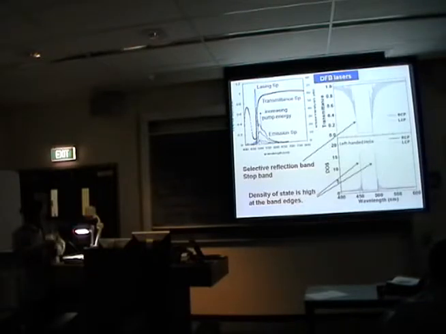There is no reflection. This is transmittance, sorry. So 100% transmittance. And for left-handed circularly polarized light, we have a photonic gap like this. And if we calculate the density of state, at the edge of this photonic gap, we have the maximum density of state. So at this point, we can have lasing.